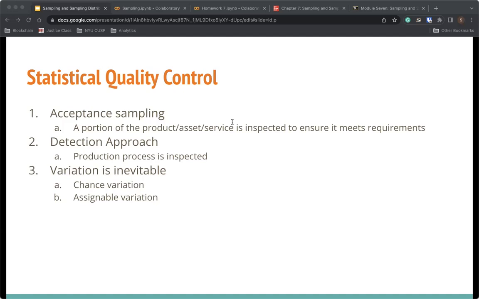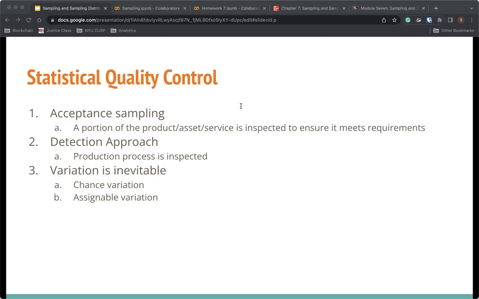So pretty much by using these concepts of sampling, we can inform the quality of a population and use it to apply for this concept of quality control. So first, we'll just review a few approaches that are used for statistical quality control, and then we'll dive into how to work with it and how to calculate it.